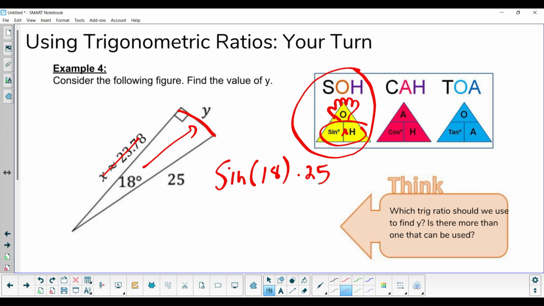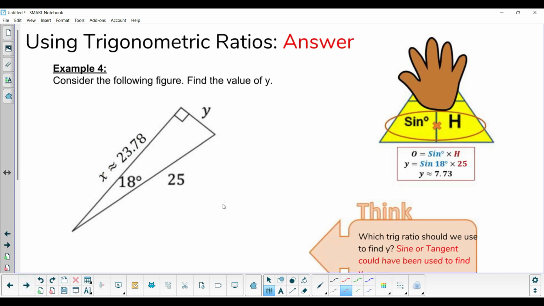So sine of 18 times 25, and you get approximately 7.73. That's what we got here. See, guys, literally 2 steps. That's all you need to do.